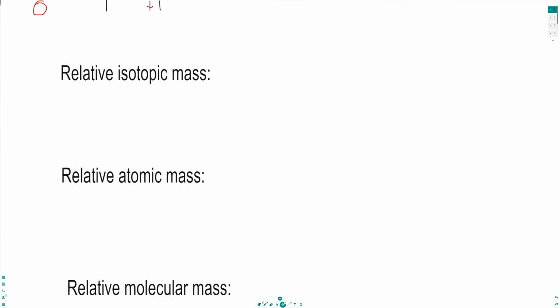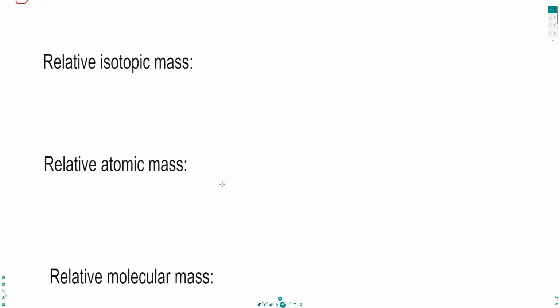So we have 3 more key definitions, and these always get asked every time. Whenever I see a paper, this question almost always comes up: define relative atomic mass. That's why these ones are so important.